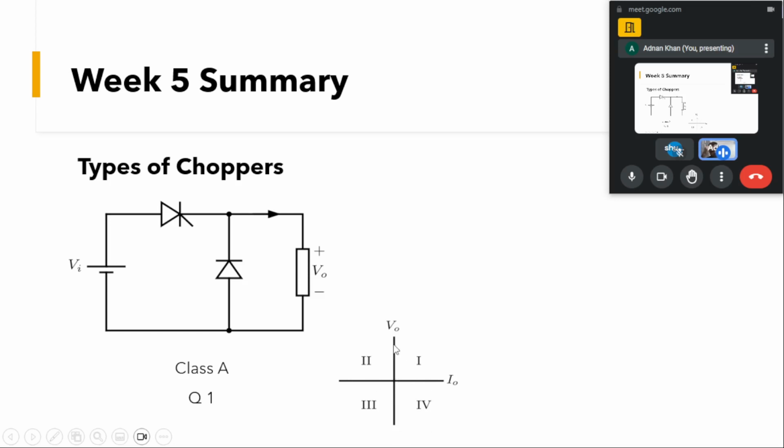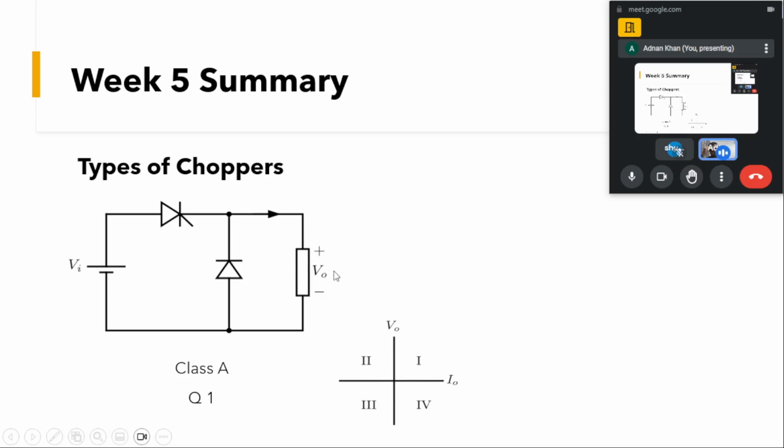Let us say if a converter is operating in the first quadrant, it is able to have positive current as well as positive voltage at the output. If the output is a negative voltage but the current is positive, then our converter is operating in the second quadrant. Similarly, if we have both negative voltage and negative current, the converter is operating in the third quadrant.